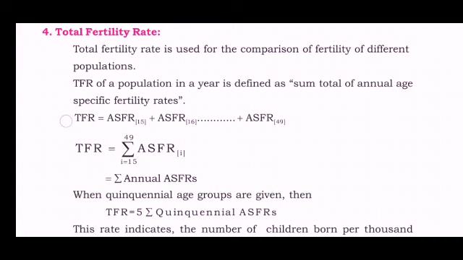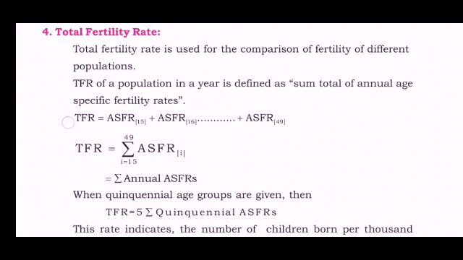By overcoming that demerit, we discussed the second fertility rate, GFR, general fertility rate, which considers the female population of childbearing age. But there is another demerit here: it considers females of childbearing age but does not divide them. It takes total females of childbearing age into account.